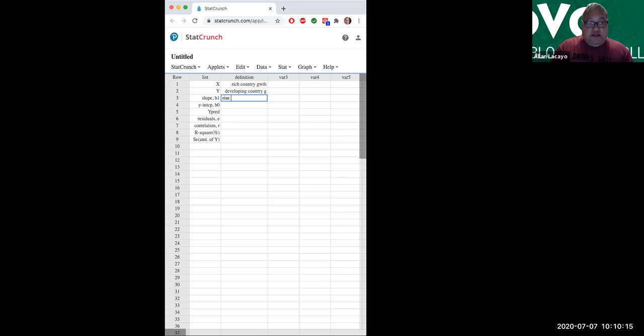So it's always the rise over the run. Y is the developing growth that is not related to rich country growth, so I'm going to call it independent developing economy growth. And Y predicted is B0 plus B1 times X. And the residuals are Y minus Y predicted.